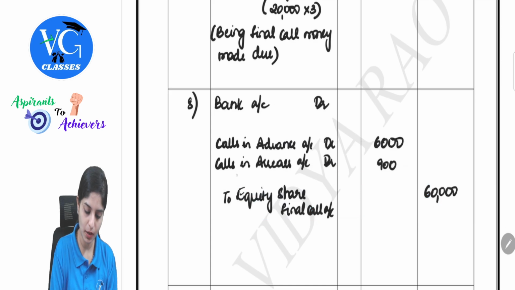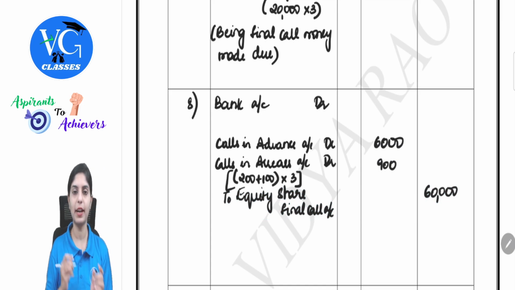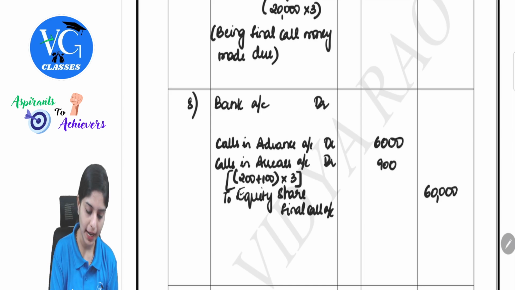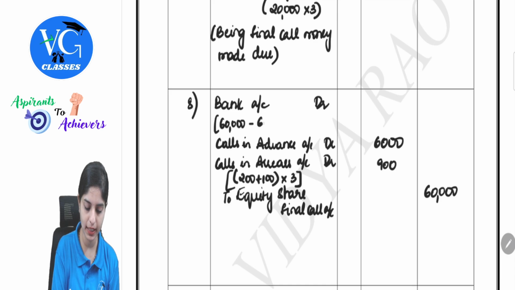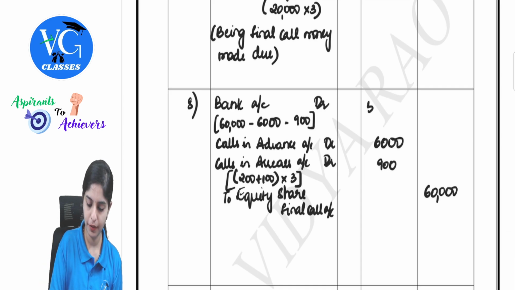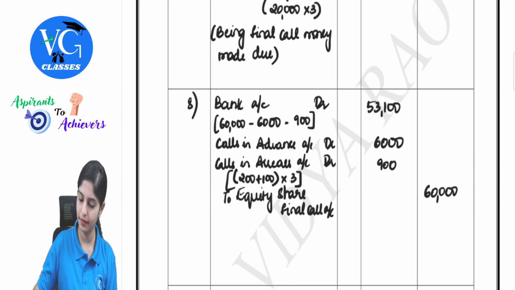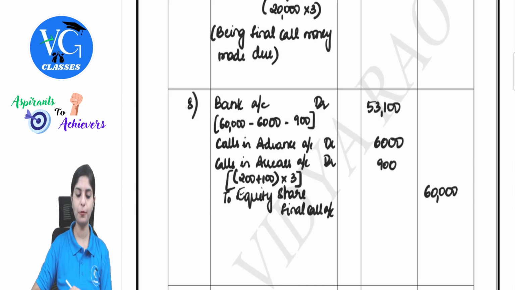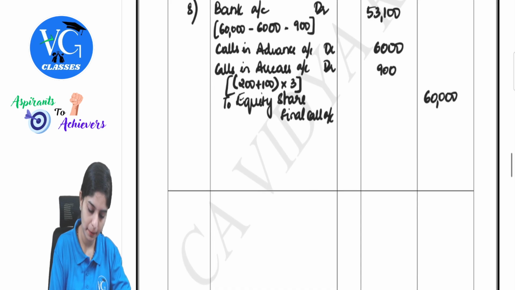To calls in arrears, I got 200 plus 100 shares into 3 rupees, the final call money. So for bank account, how much was I supposed to receive? 60,000. I've already received 6,000. Minus 900. 60,000 minus 6,000 minus 900. This will be 53,100. I hope all of you understood this point.